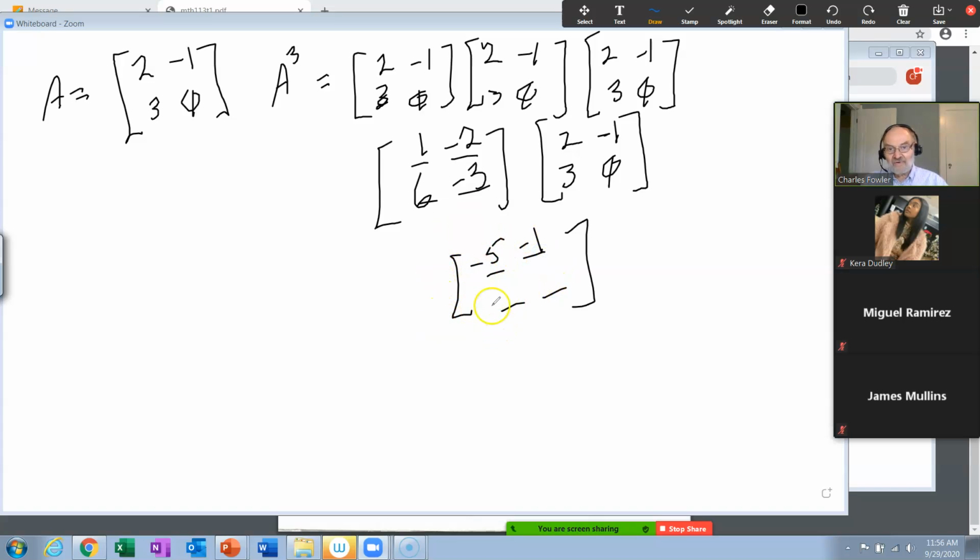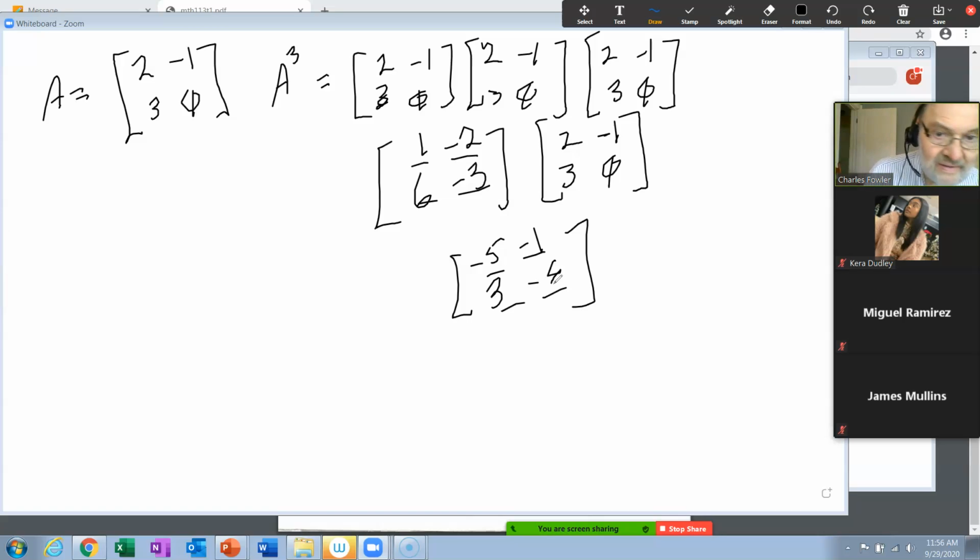Second row, first column, 12 minus 9 is 3. And second row, second column, second row here, second column there, minus 6. That's what I get A cubed to be.